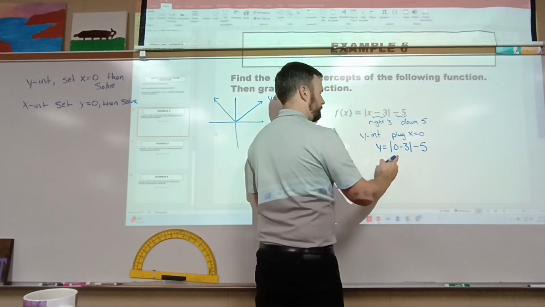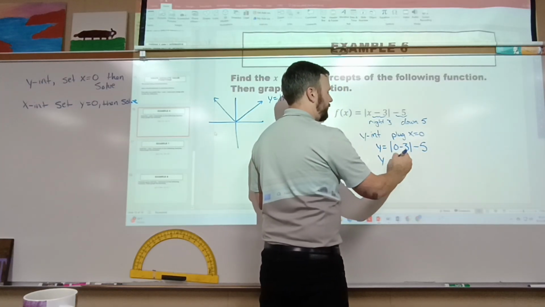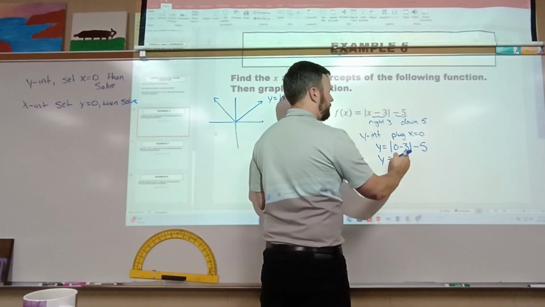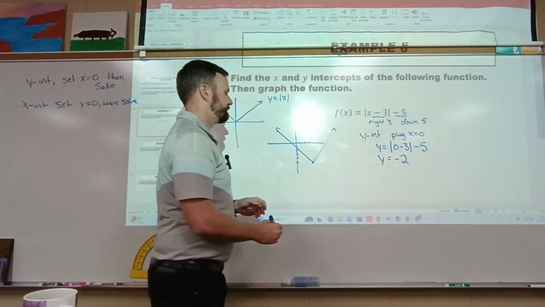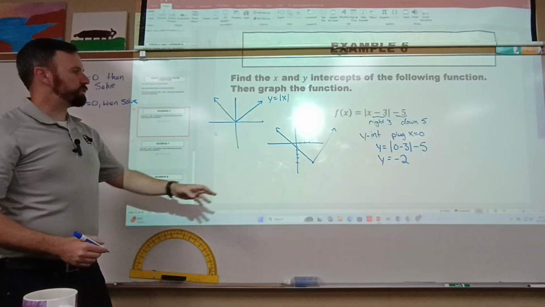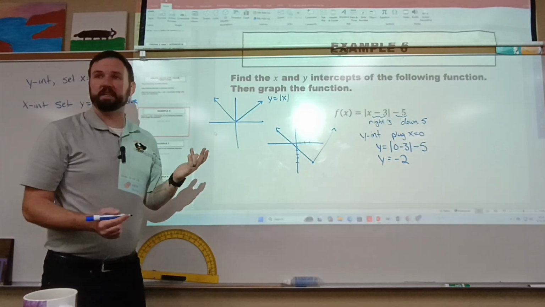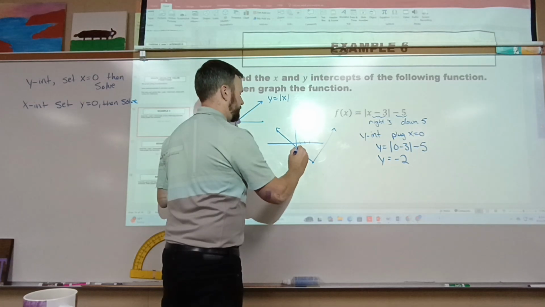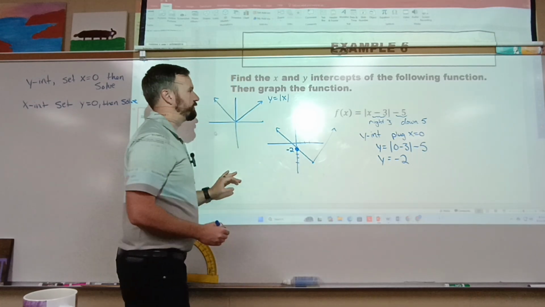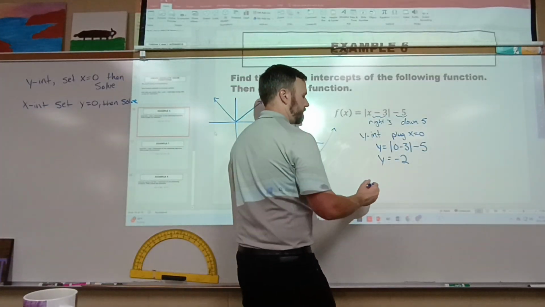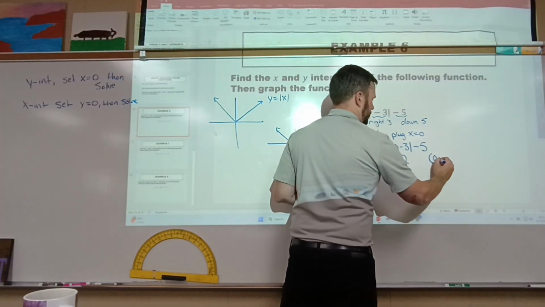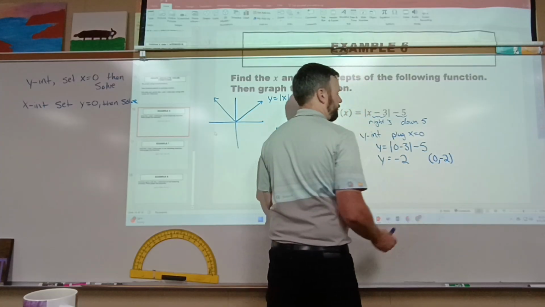The absolute value of negative 3 is 3, minus 5 is negative 2. In my quick sketch, I was pretty close. So we have the point 0, negative 2 on that graph.